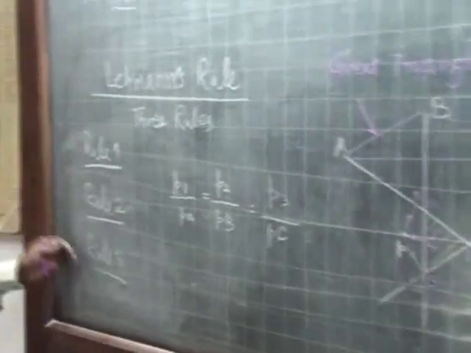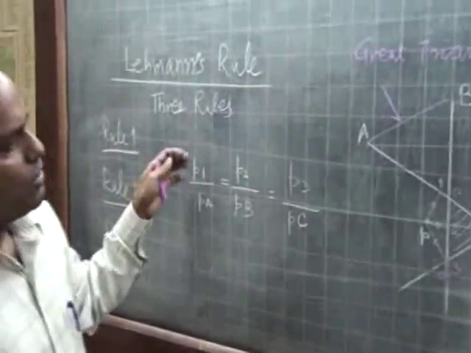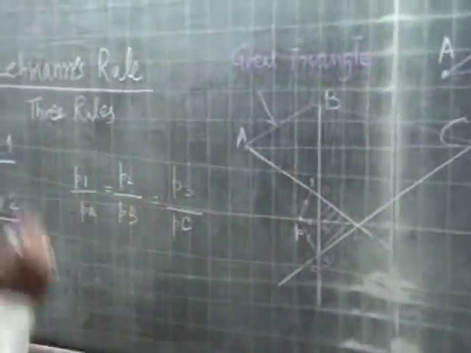So if we are following these three rules, then it is very easy to convert this triangle into a smaller one.